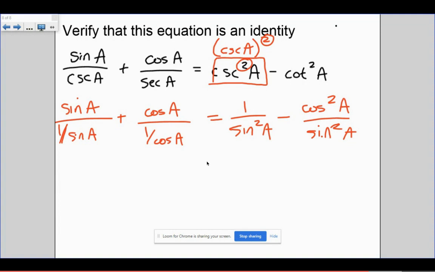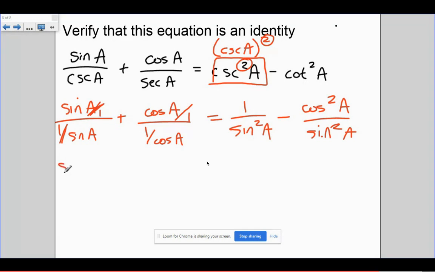So now we've got a lot of simplifying we need to do. We've got fractions all over the place. On the left side, I'm dividing by a fraction, so I'm just going to treat the top as a fraction, sine A over 1. And to divide by the fraction on the bottom, I just need to multiply by the reciprocal.